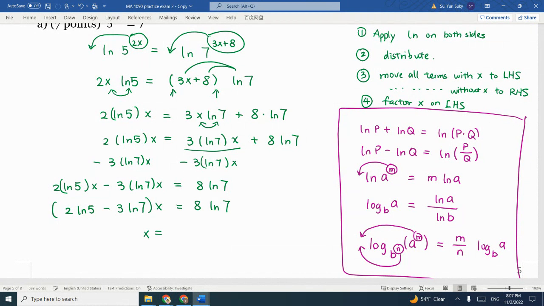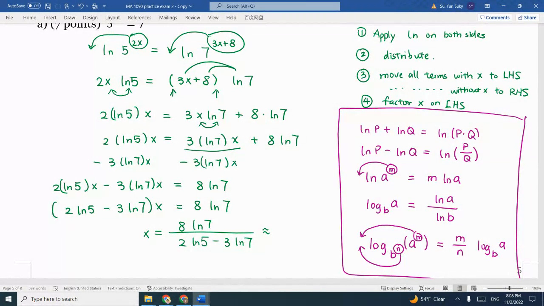Finally, we divide both sides by that big factor. So x equals 8 ln of 7 divided by 2 ln of 5 minus 3 ln of 7. So this is how we get the answer, and this answer is exact.